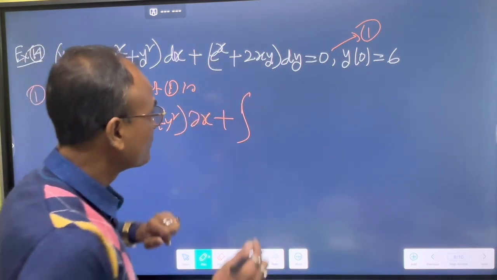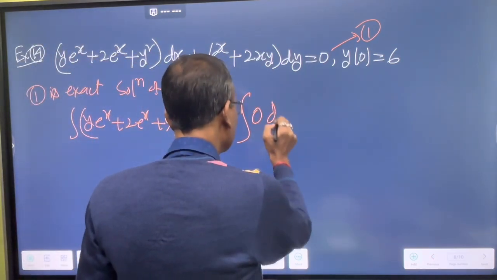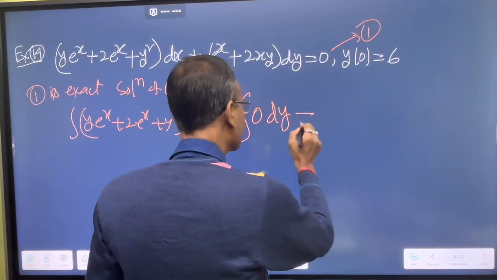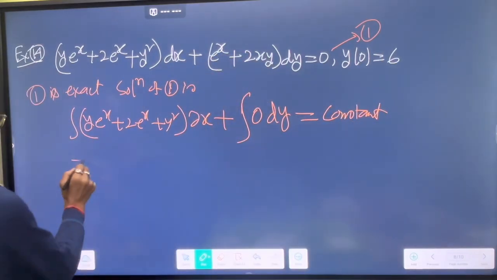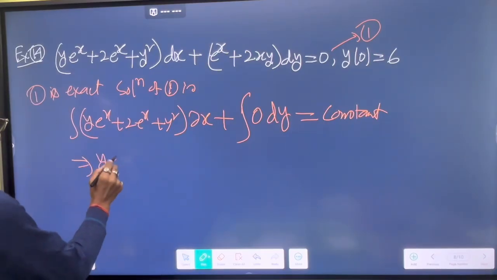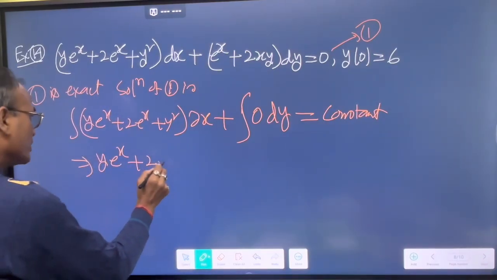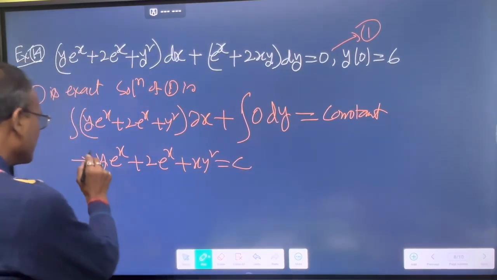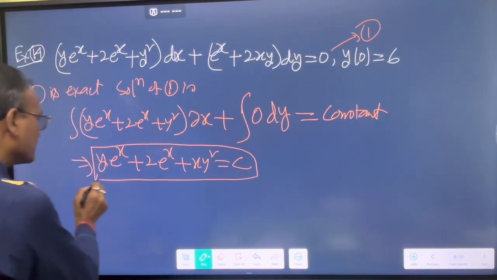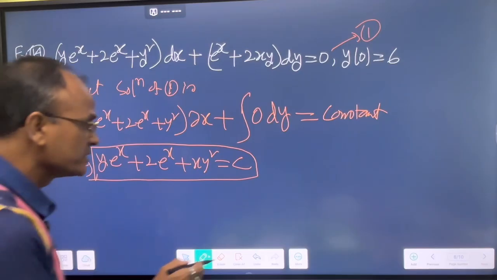There are no such terms. This is equal to constant. With respect to x, you will get this one plus x y square equal to c.